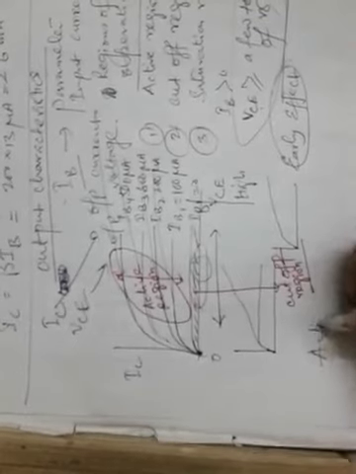So for the active region, JEB forward and JCB reverse bias should be applied, and for the cutoff region, both reverse biases are required. Now the third region is the saturation region.